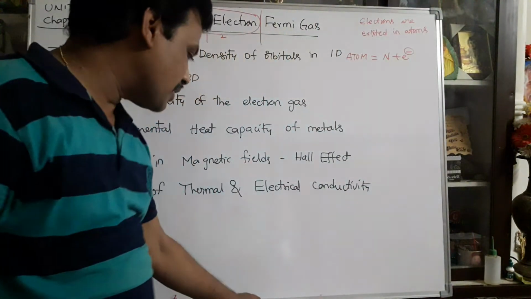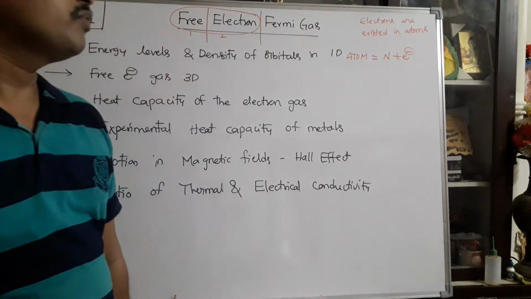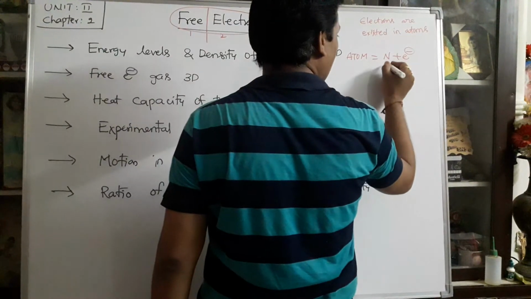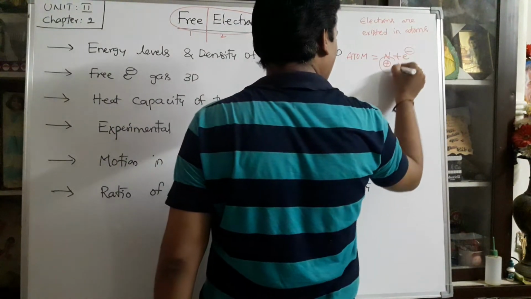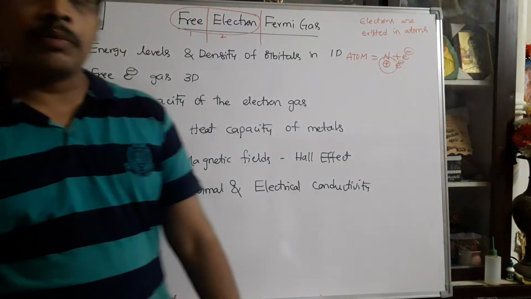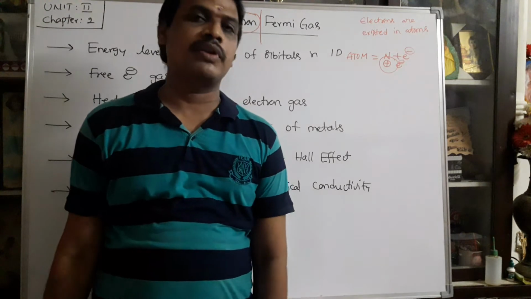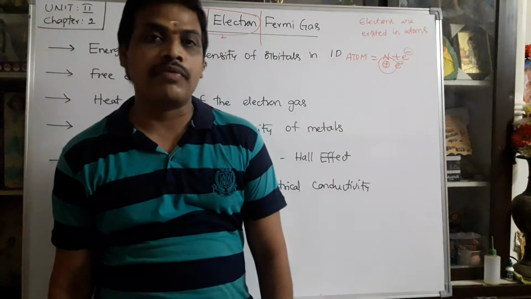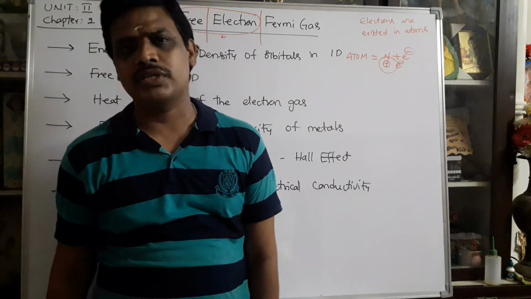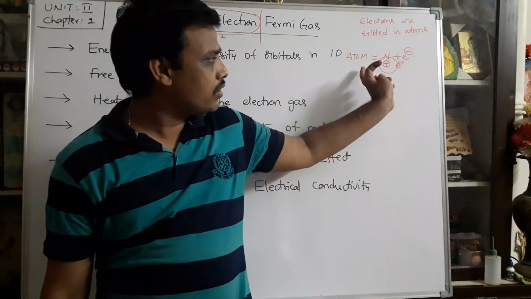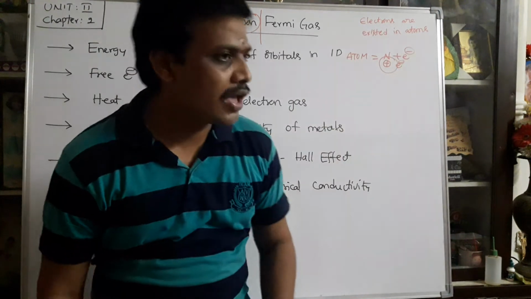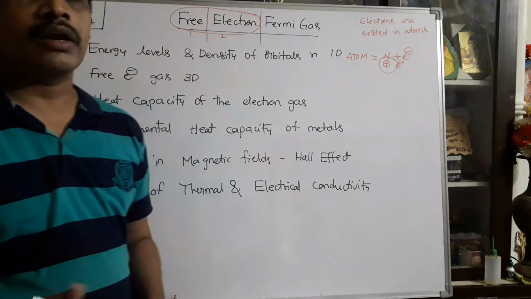So every atom consists of electrons. In the central part, a positively charged nucleus exists. Around the positive charge, the electrons revolve in an elliptical orbit according to Sommerfeld's theory. According to Bohr's theory, the shape of the orbit is circular. These topics are covered in modern physics also. So an atom is a combination of nucleus and electrons, and every atom consists of electrons.